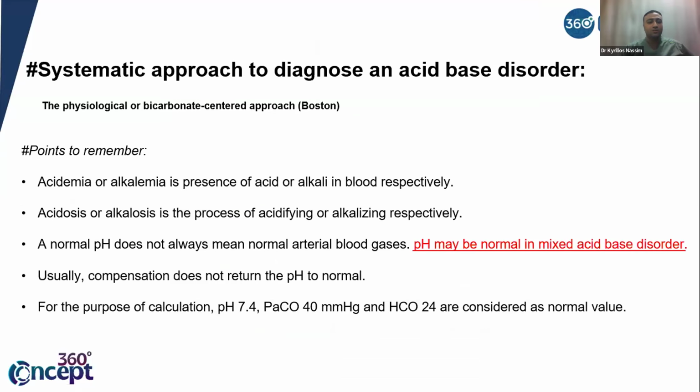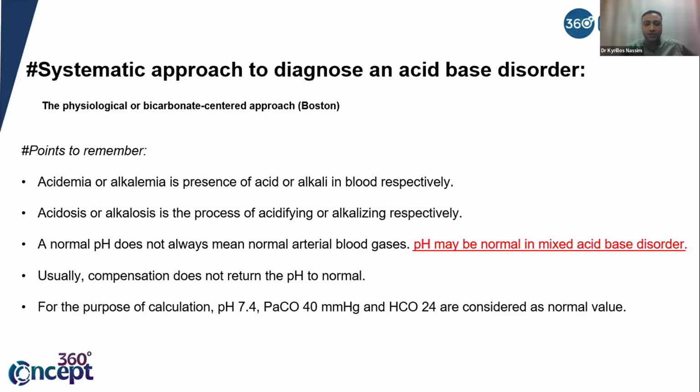So let's begin with a systematic approach to diagnose an acid-base disorder. I will use the physiological or bicarb-centered approach by Boston. And there are a few points to remember at the start of our lecture. First is too easy. Acidemia or alkalemia is the presence of acid or alkali.